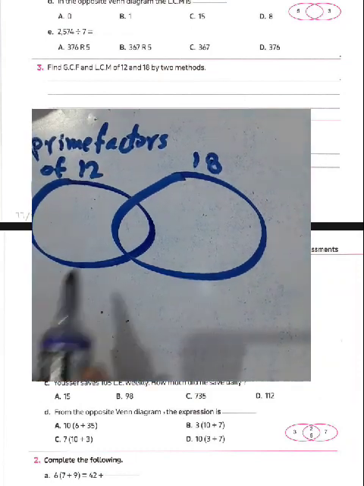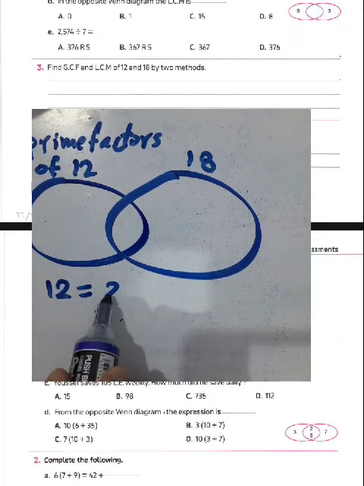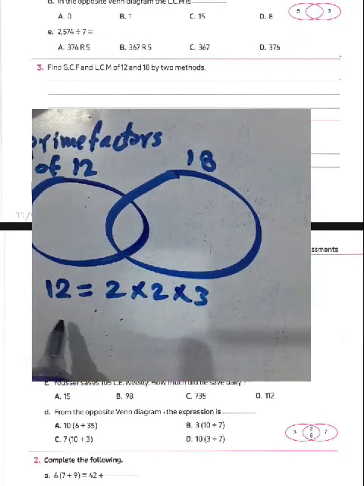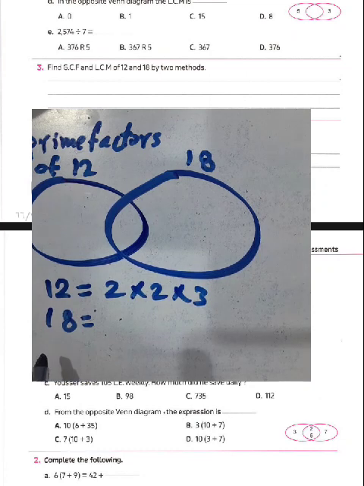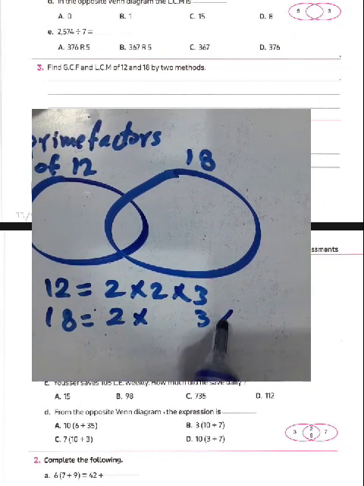Prime factors of 12: we know 12 equals 2 times 2 times 3, and 18 equals 2 times 9, and 9 equals 3 times 3.